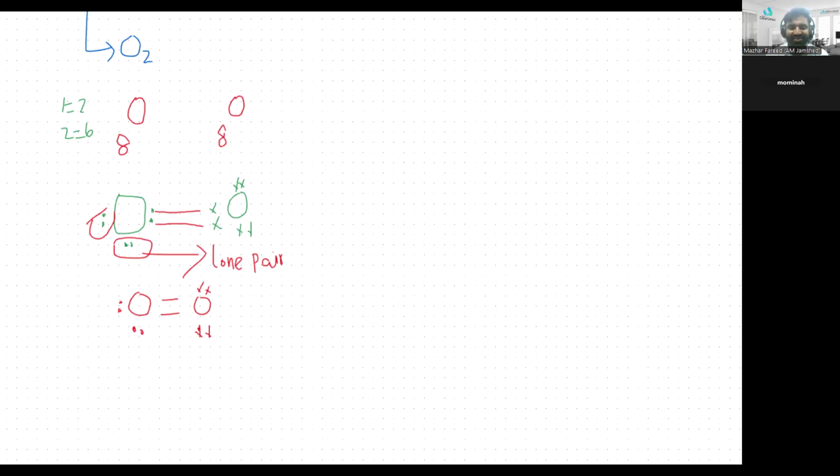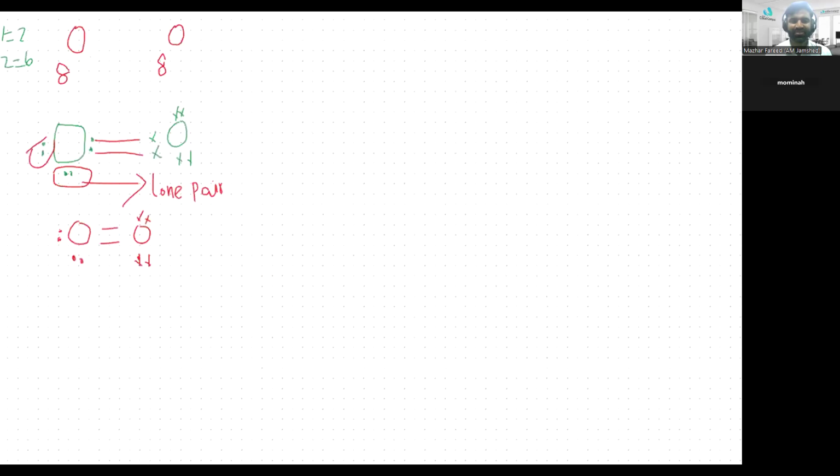Each oxygen atom has two lone pairs. Is it clear? It means when oxygen forms any type of bond, it must have two lone pairs on the oxygen atom. So this is an example of oxygen with a double covalent bond: two bonds are formed, that is called a double covalent bond.